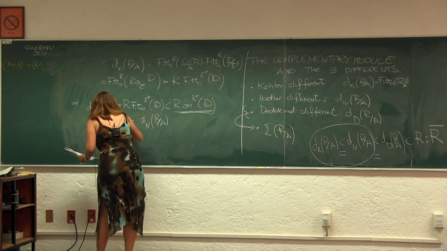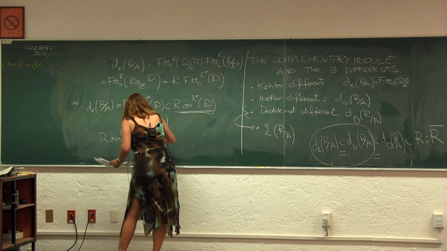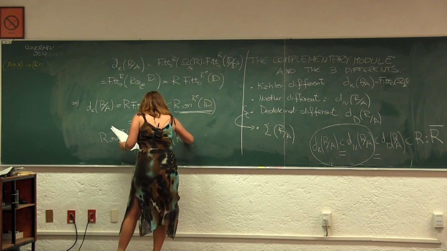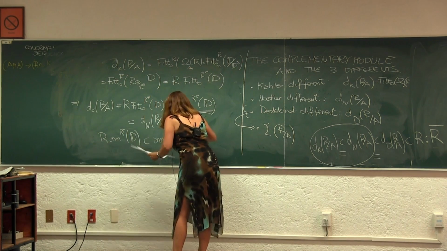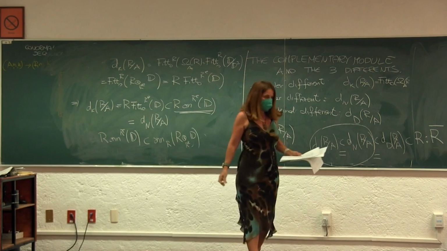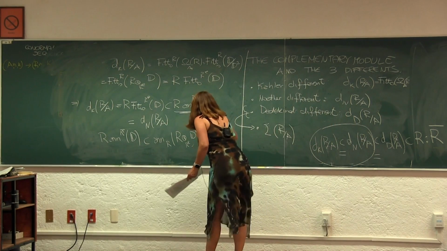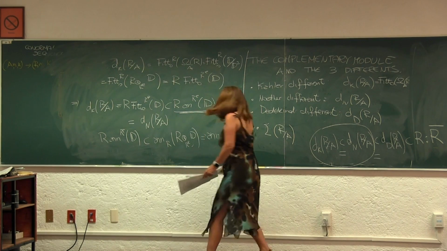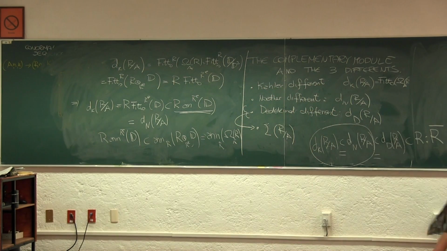So this is obviously contained in the annihilator over R of R tensor R^e of D. And this is easy to check. Okay? And this is the annihilator of omega over R. So that is this containment.